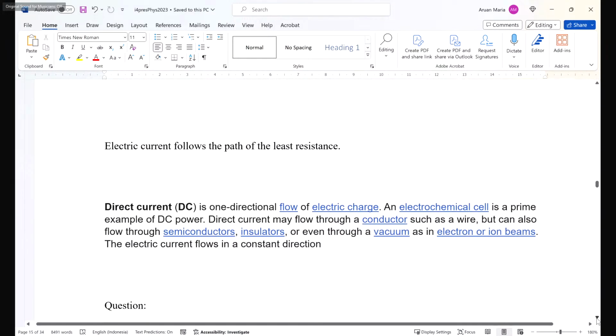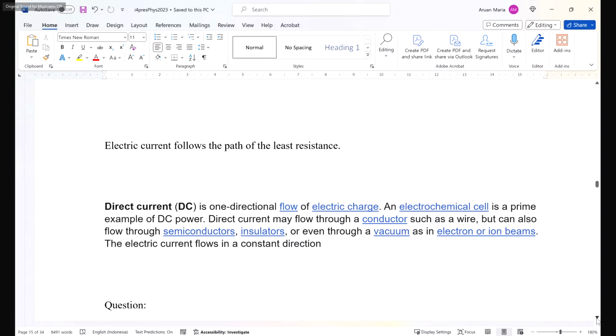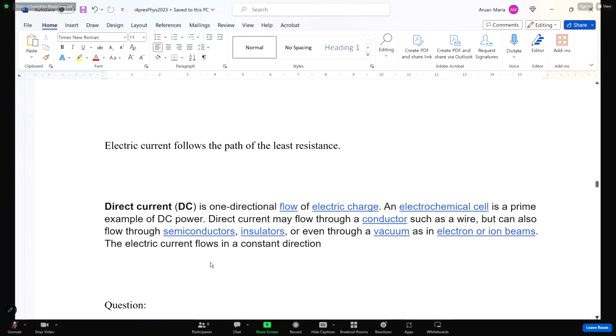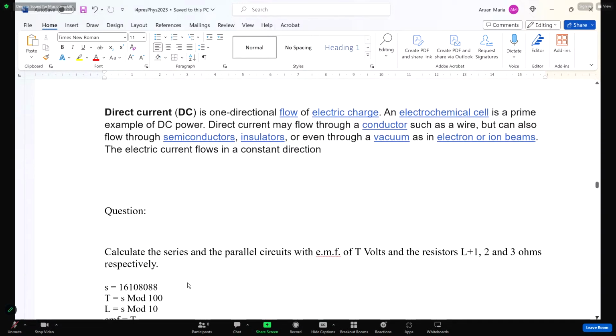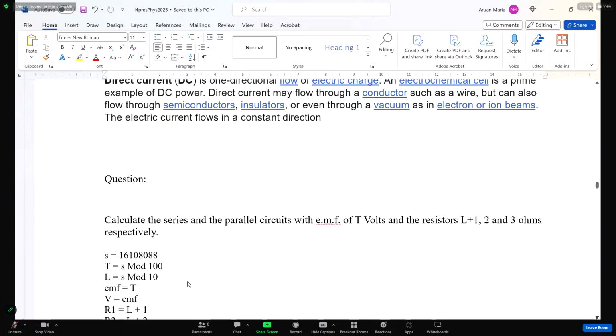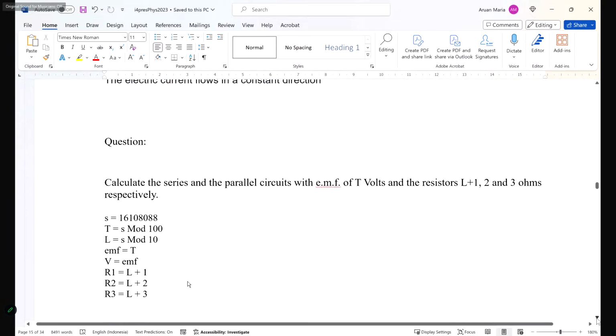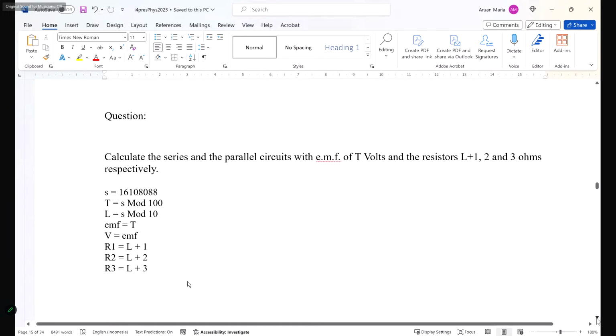Okay. Now, electric current follows the path of the least resistance. And direct current is current from plus to minus in one direction. Okay? So here is the question about the compound resistance in parallel and in series.